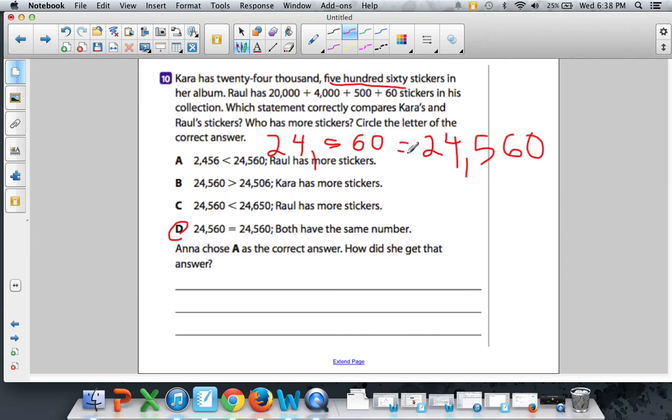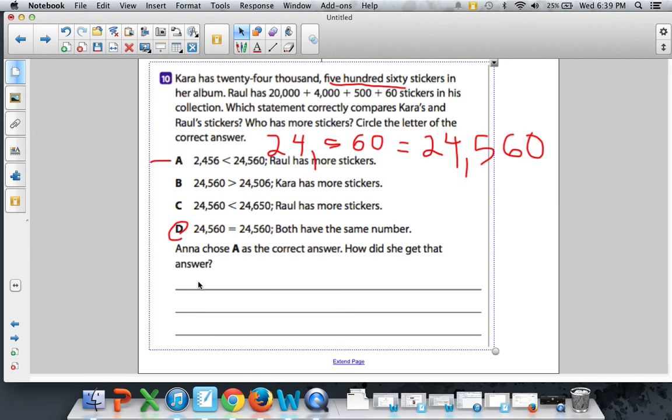They're equal. Anna chose A as the correct answer. Ooh, Anna picked that one. How did she get that answer? Well, she didn't do it right, that's for one. But it looks like she thinks Raul has more stickers. Oh, no. Poor kid. You know how she got it wrong? When it was in words over here, she didn't know how to change it into a number.